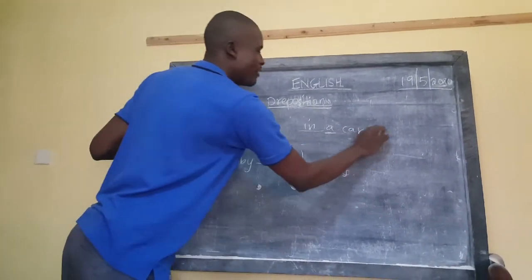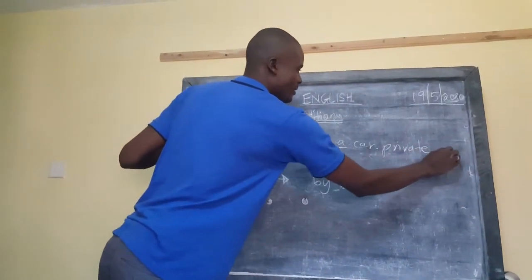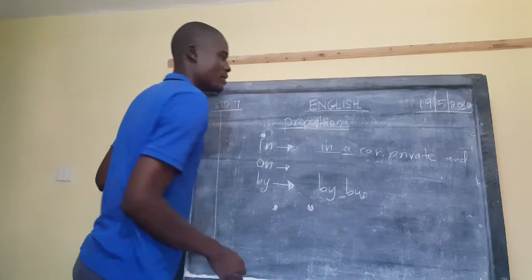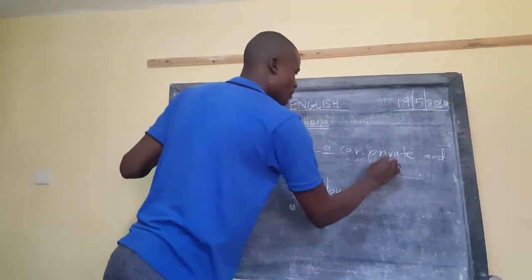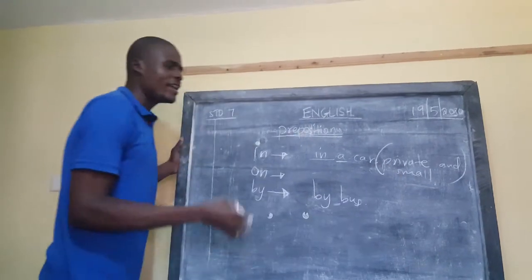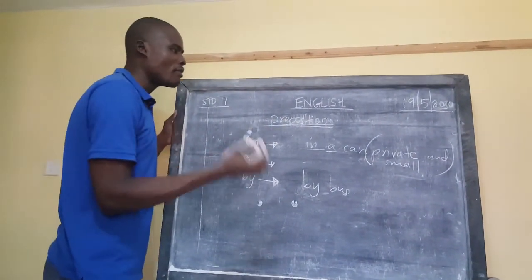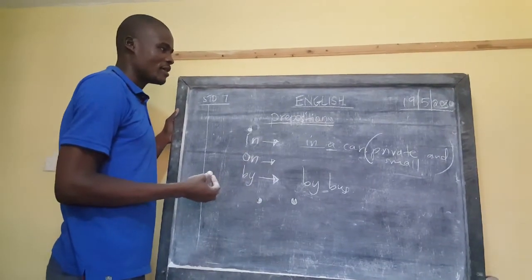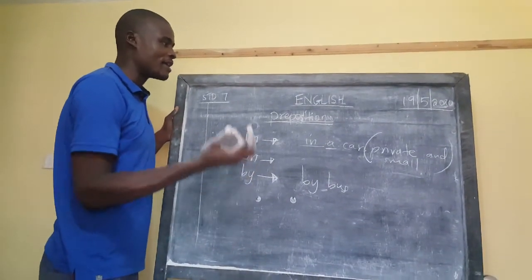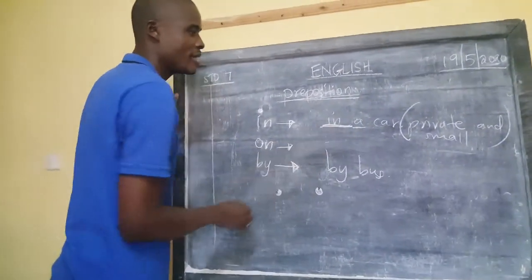So this is private, and I'll write this one private and small. When we talk of small and private, any mode of transport that is small and private, that can be your father's car, can be a small taxi hired. So we talk of in a car.